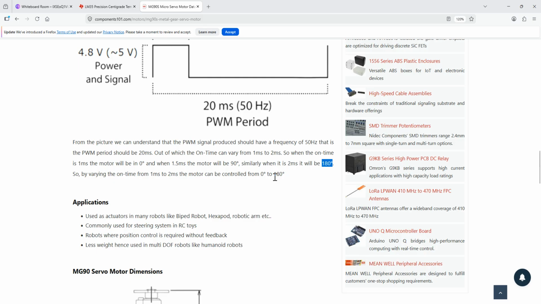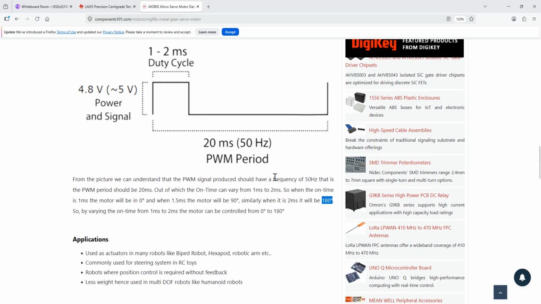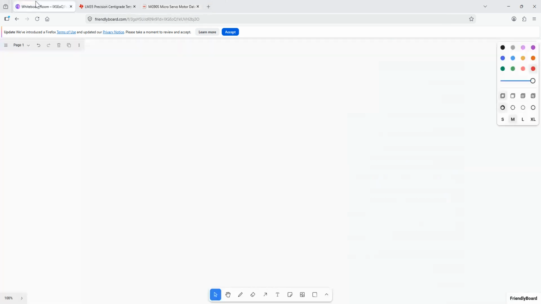For this we have to do a few calculations, and we are going to use the timer only. Last time in PWM we generated a PWM of 31 kilohertz, which is much higher, and we have to reduce it to 50 hertz. For this we have to do multiple calculations, so let's move on to the calculations.